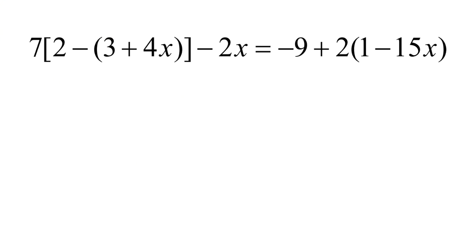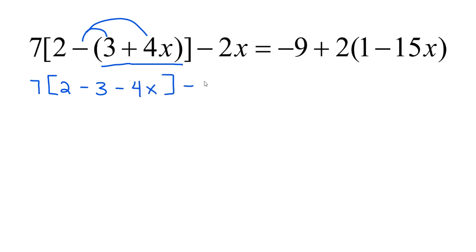All right, this one looks a little overwhelming, but don't be overwhelmed. Again, we want to start with the innermost set of parentheses first, which would be this right here. So to get rid of that parenthesis, I'm going to have to distribute this negative that's touching the parenthesis. So that would give me a negative 3 minus 4x.